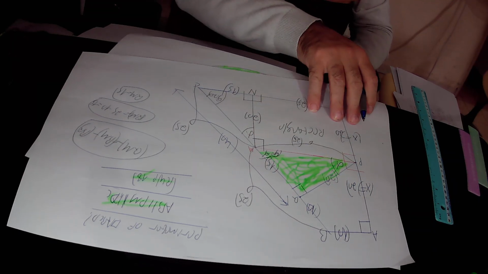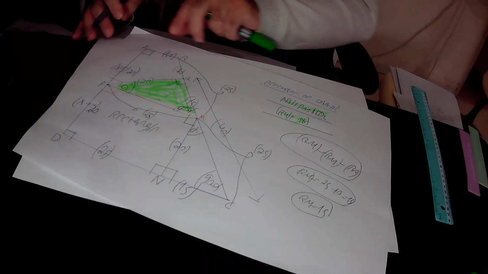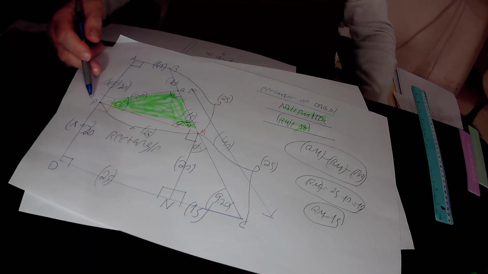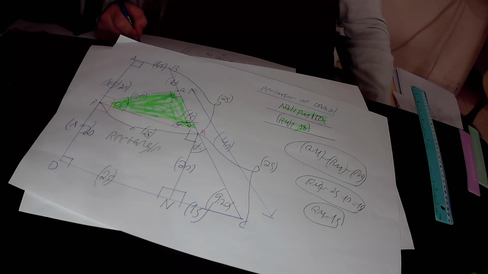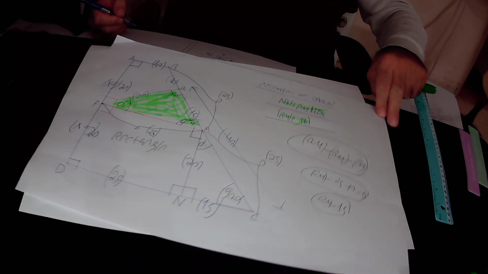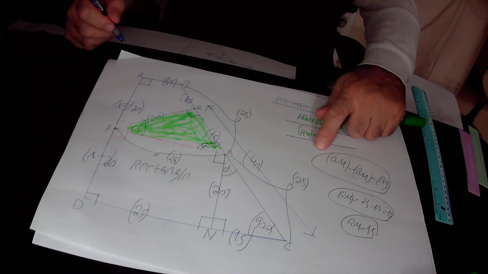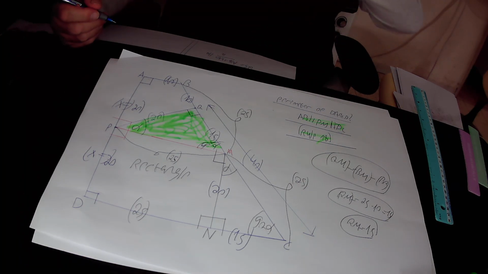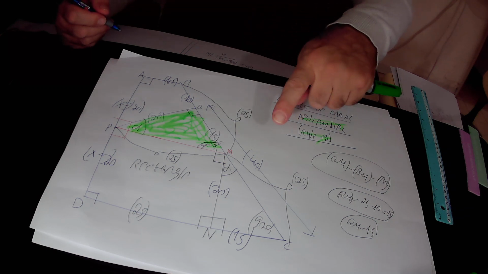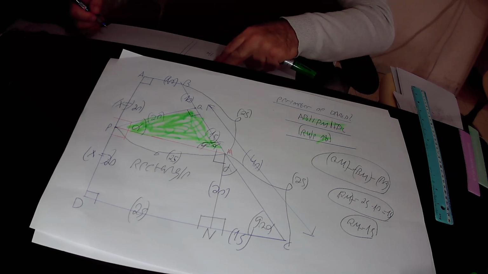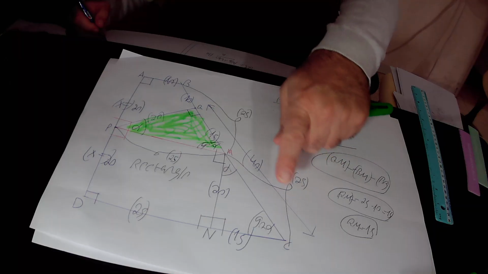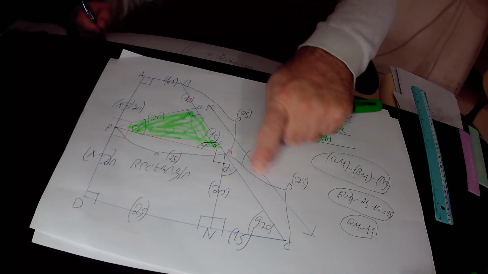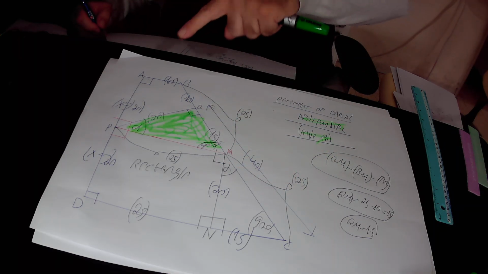So in total, we found out that again AB is 10, AD is 20 plus 20, that is 40, plus DC, again DC is 25 plus 15, that is 40, and AD is also 40.